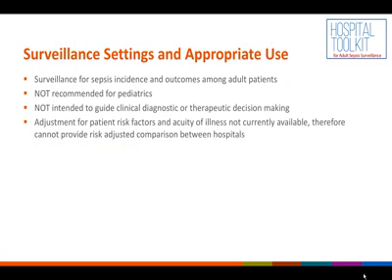It's intended for surveillance of sepsis incidents and outcomes among adult patients, but is not recommended for pediatrics because we did not use a pediatric definition. It is not intended to guide clinical diagnostic or therapeutic decision making. And as I mentioned, adjustment for patient risk factors and acute illness is currently not available. Therefore, it cannot provide risk adjustment comparison between hospitals.